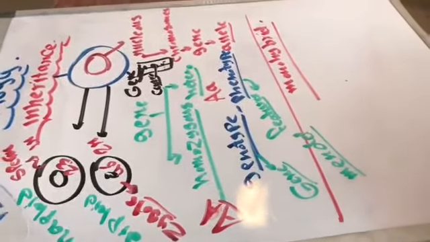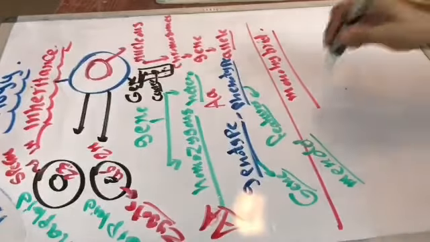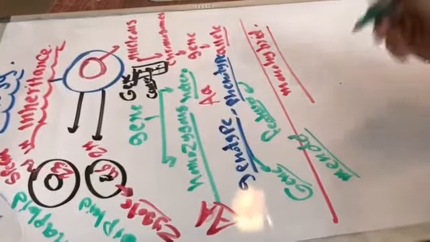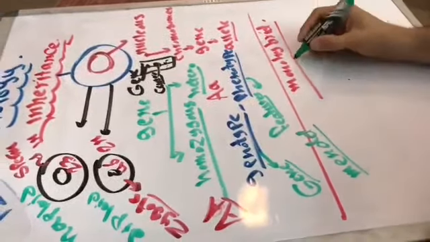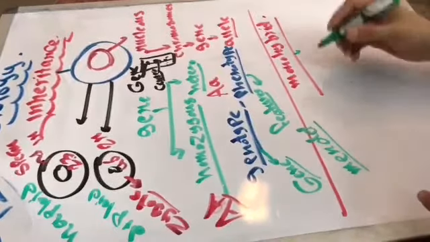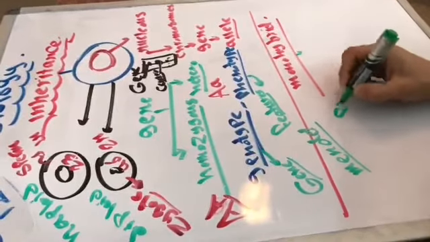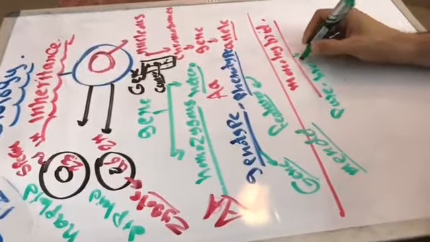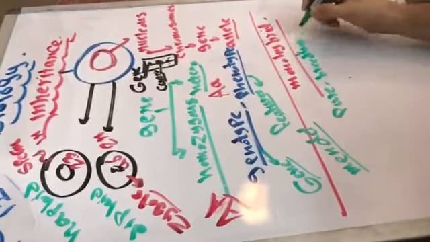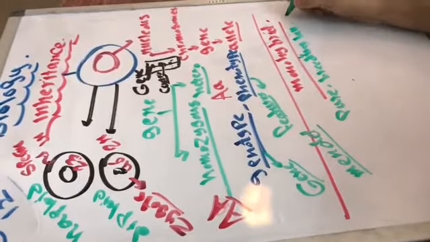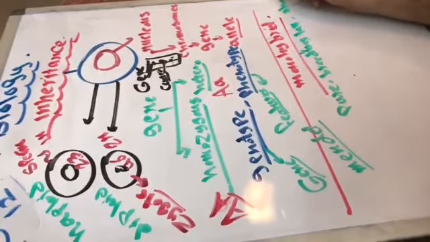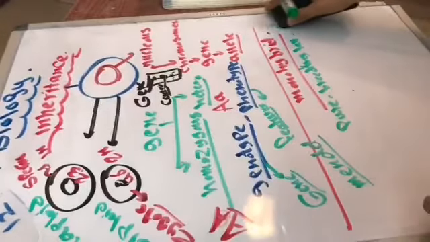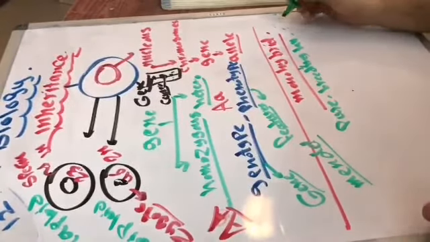Mendel started from one kind, pure breeding tall, and another, pure breeding short, the same characteristic, dwarf.